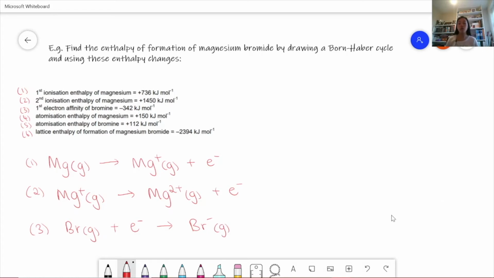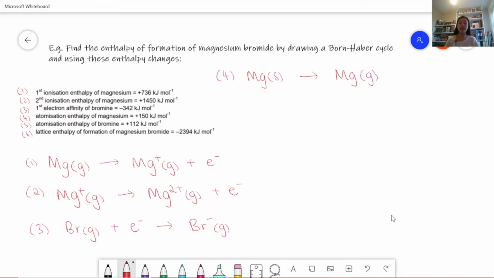For number 4, the atomization enthalpy of magnesium. The definition of the atomization enthalpy is the enthalpy change when 1 mole of gaseous magnesium is formed from magnesium, the solid. And so the equation we have is that magnesium solid will be atomized to form 1 mole of magnesium, which is gas.